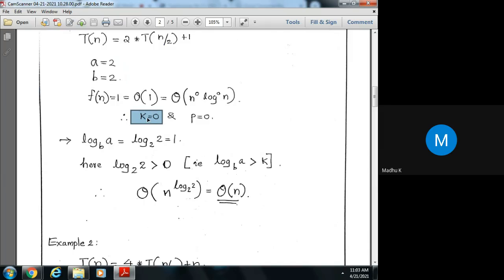So we want to compare. Next is a very important thing. We want to compare log base b a with k and take some action. We want to compare k and log base b a, then determine the complexity.